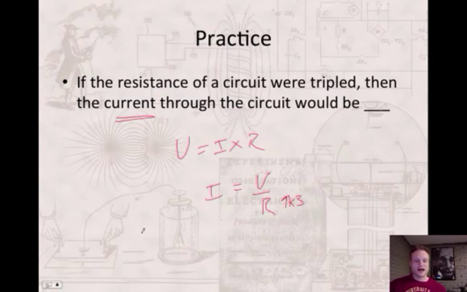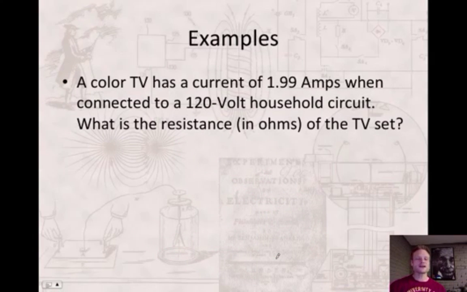The current would have a 3-fold decrease. This would get 3 times smaller. If you make the resistance 3 times bigger and the voltage does not change, the current would get 3 times smaller.